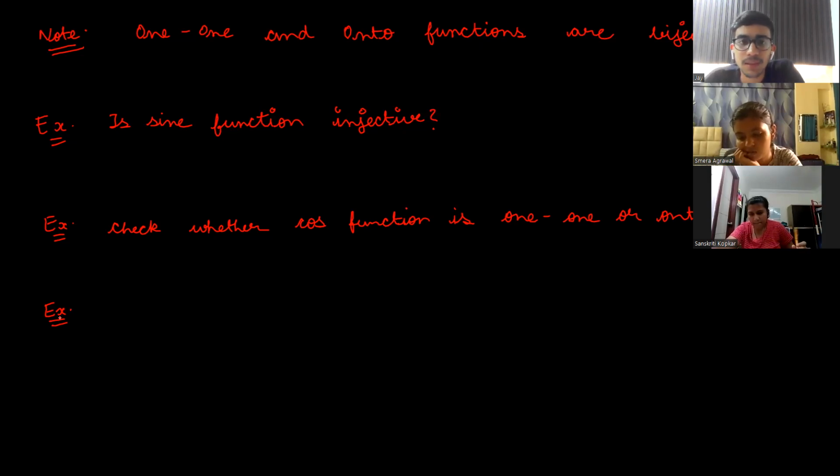Injective means that each and every value of x should have one image in B. Functions that are 1 to 1 are called injective.